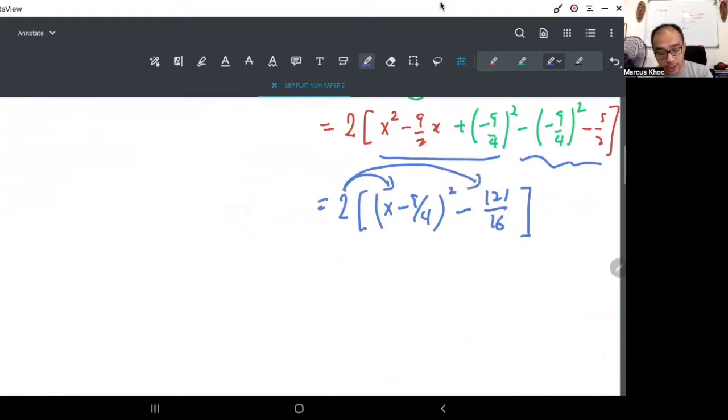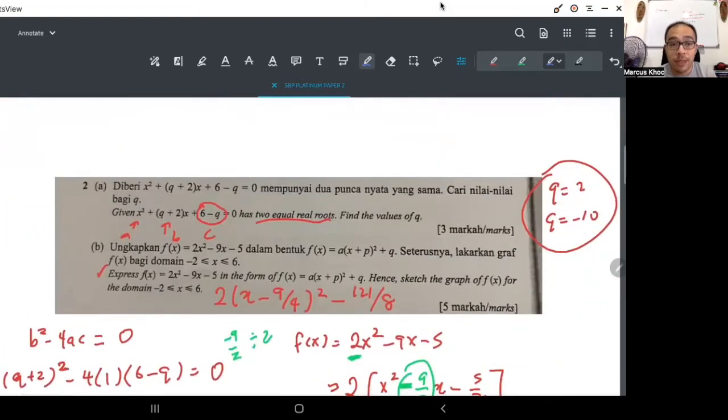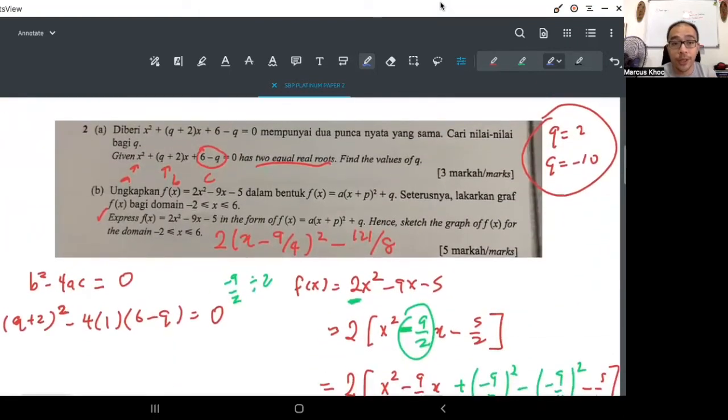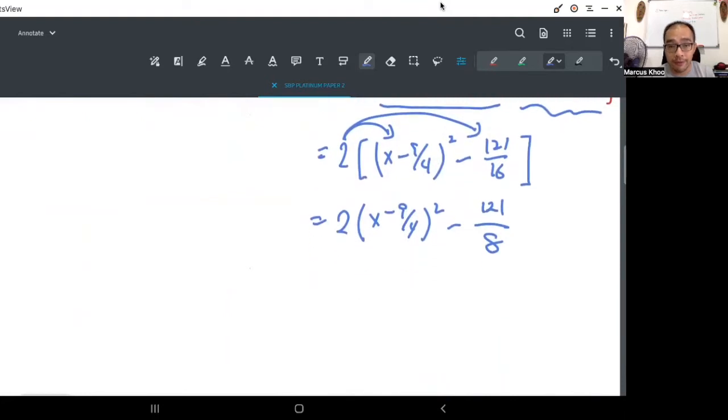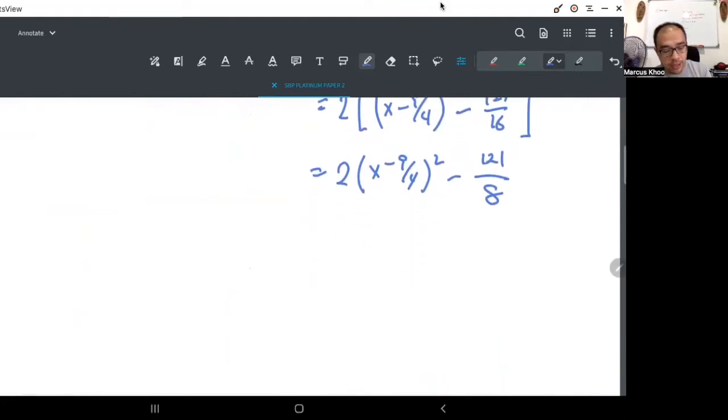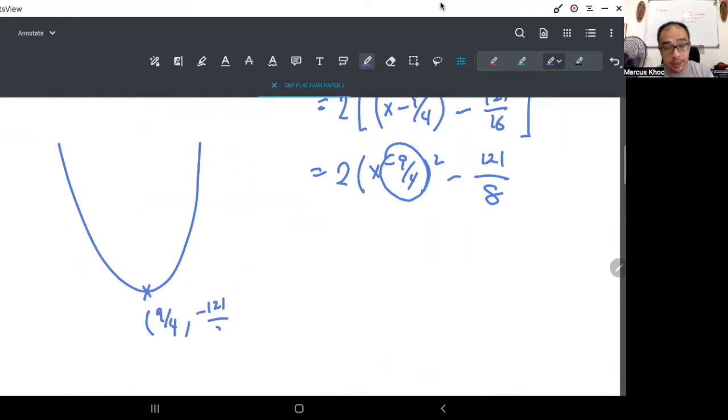Okay, so you get 2 and then x minus 9 over 4 squared minus 121 over 8. So that will tell you that this is a minimum point of this graph. Means you get a graph shape like this. Okay, the minimum point is 9 over 4 and negative 121 over 8.